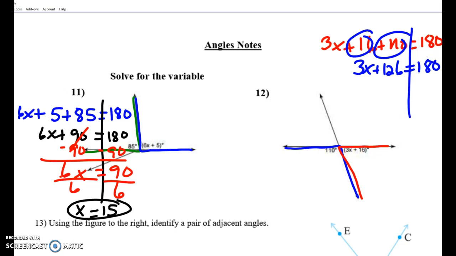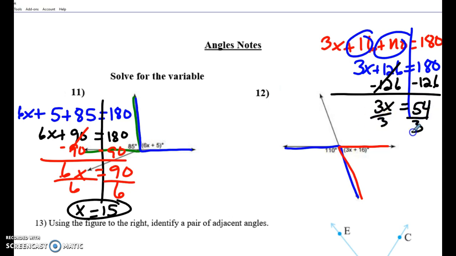Now, I just need to subtract 126 from both sides to solve my two-step equation. When I subtract, I get 54, and now my last thing I need to do is divide by 3. And when I do so, I get x equals 18.